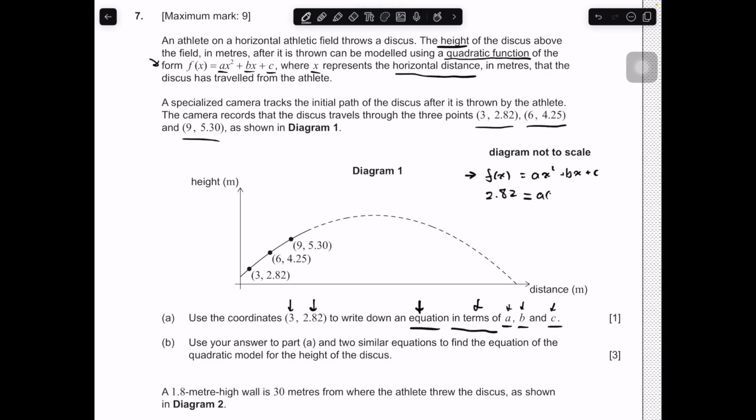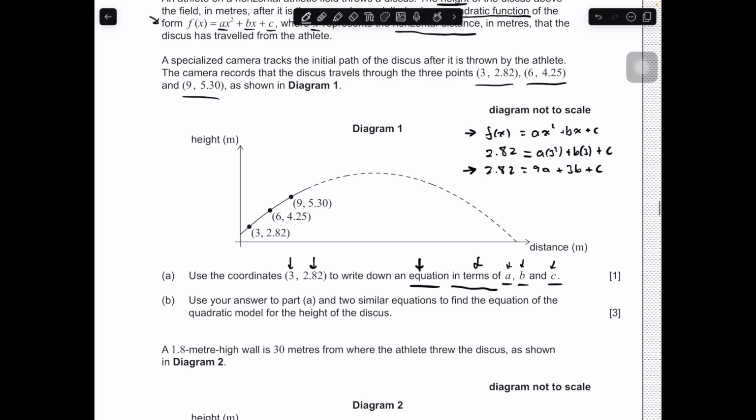So let's write it as A times 3 squared, plus B times 3 plus C. So now we actually have an equation in terms of A, B, and C. There it is.